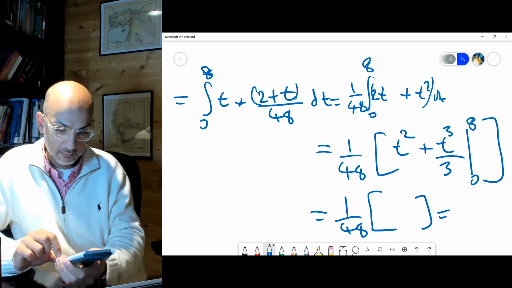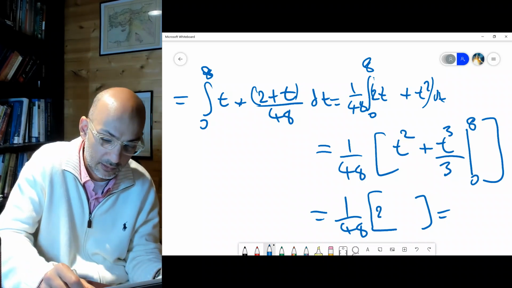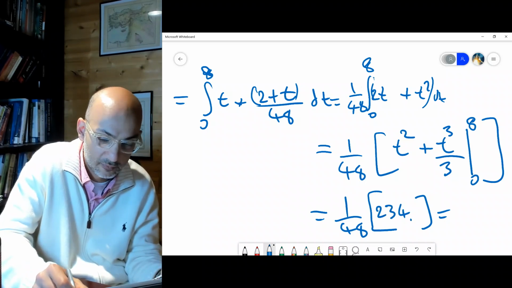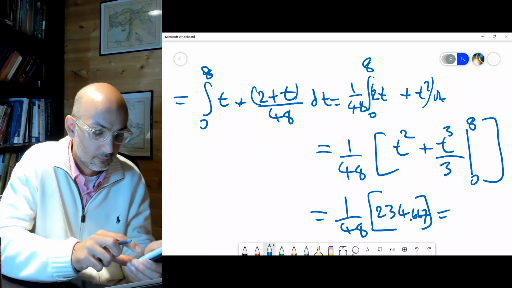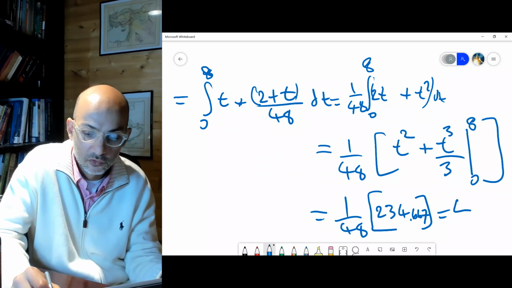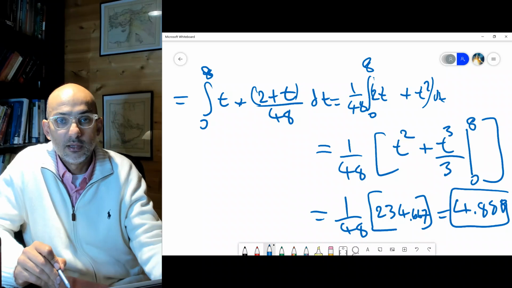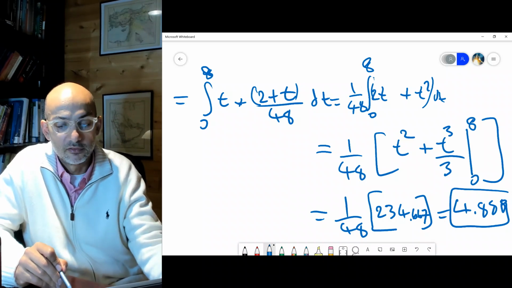Let's take 8 cubed divided by 3 plus 8 squared, by 48. Yeah, it's 4.888, right? And this is the expected value of this distribution, right?